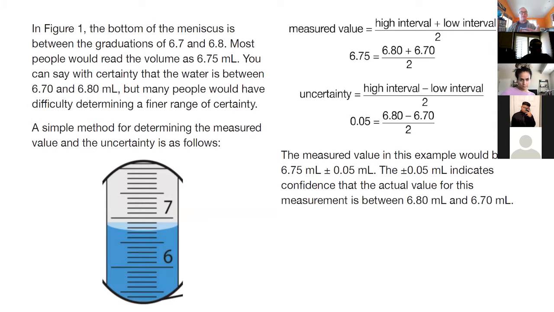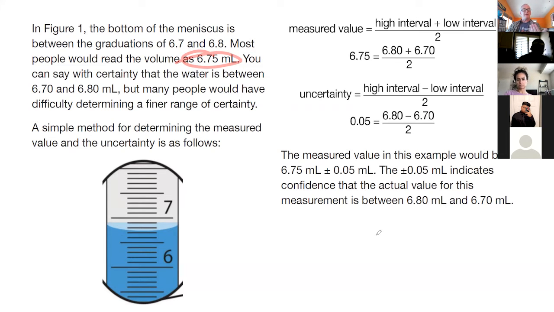So how do we figure out the uncertainty? Well, we looked at the measurement we did a little bit earlier. Someone estimated that it would be 6.75. Excellent. Most people would give that. So how do we figure out what the uncertainty is?